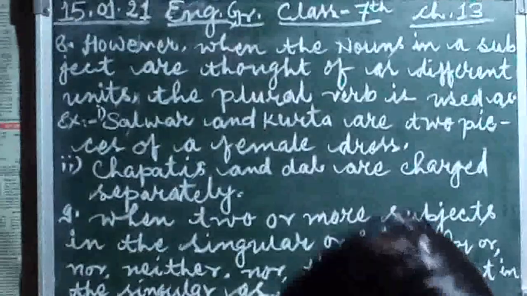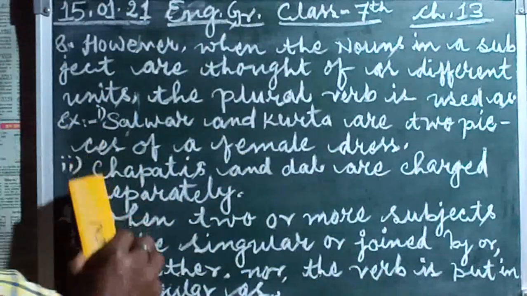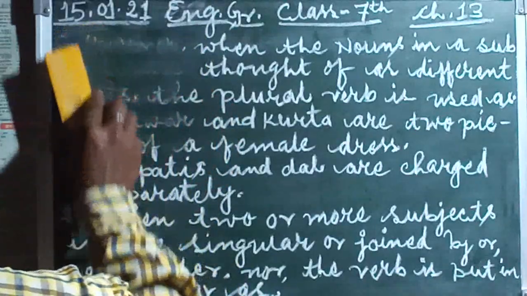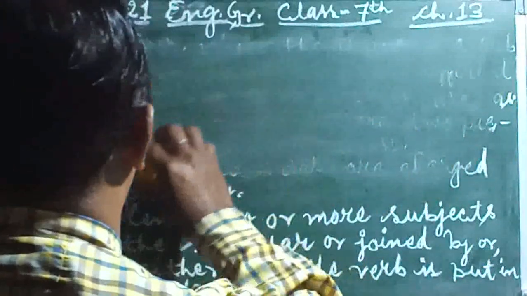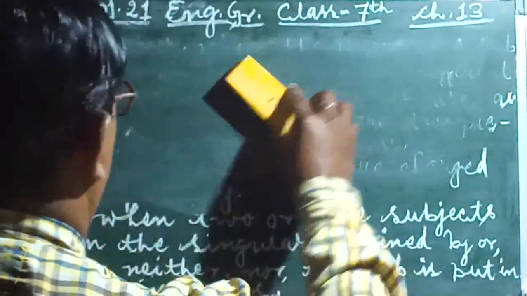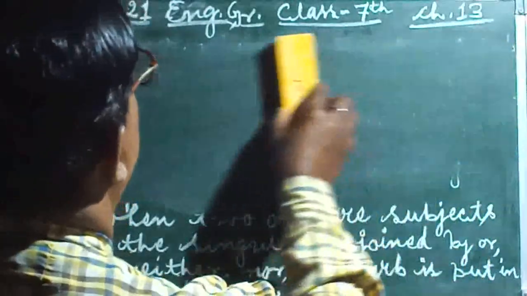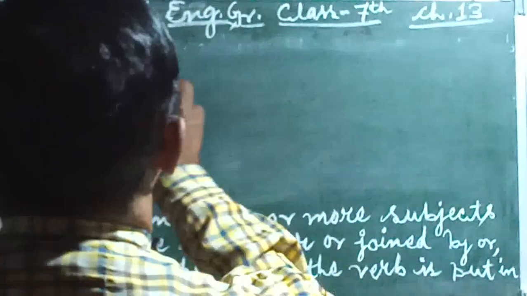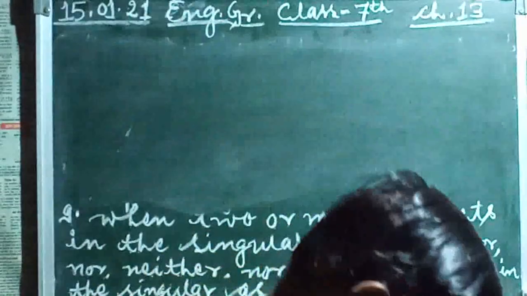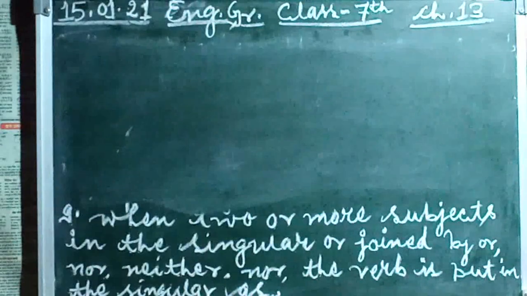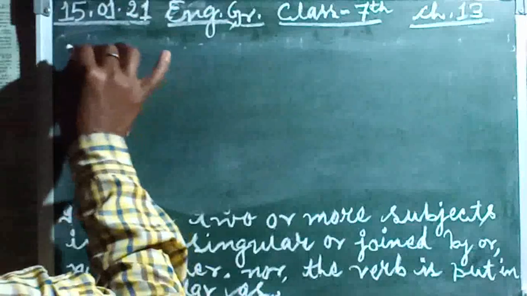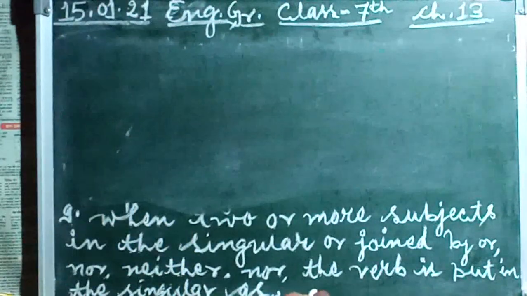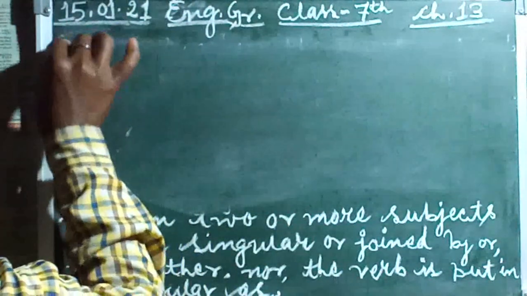Examples I am going to take here, children. Is this clear? So I am going to erase, and I am taking examples. There is no space, so I am writing here.